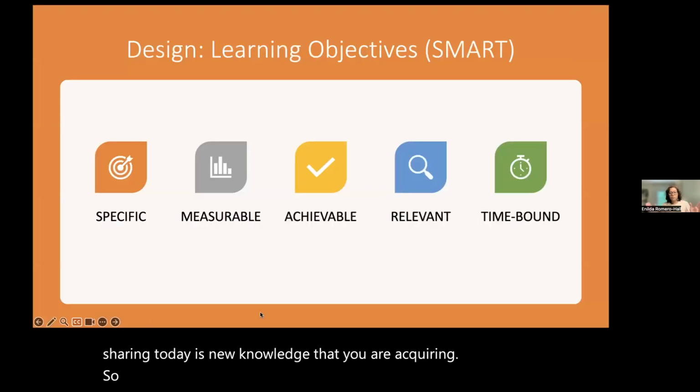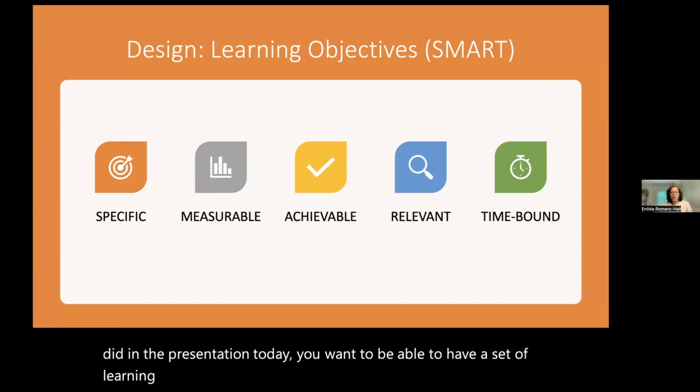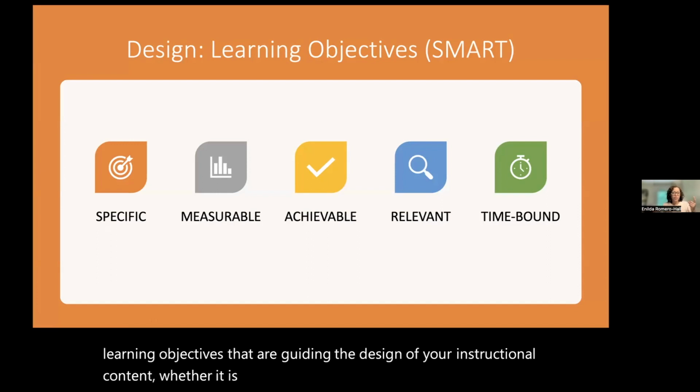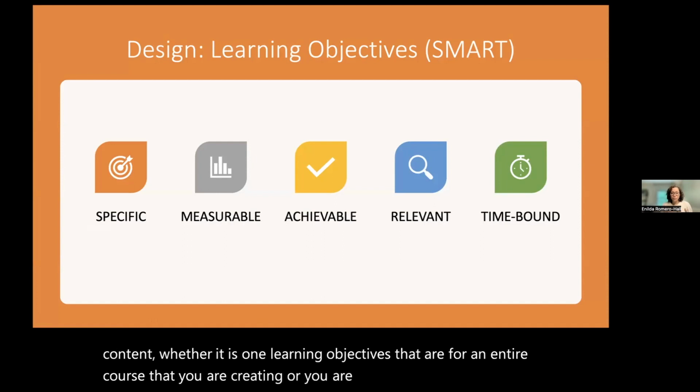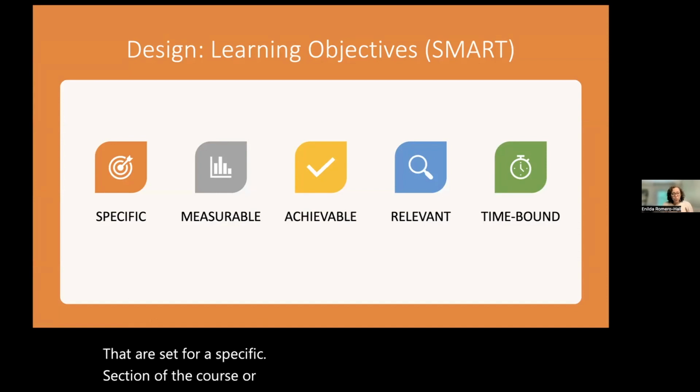So first of all, we want to start with learning objectives. Just like I did in the presentation today, you want to have a set of learning objectives that are guiding the design of your instructional content, whether it is learning objectives for an entire course that you are creating, or learning objectives set for a specific section of the course, whether it is a module or a lesson.